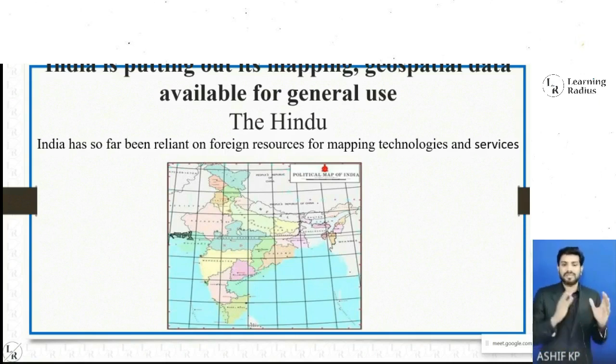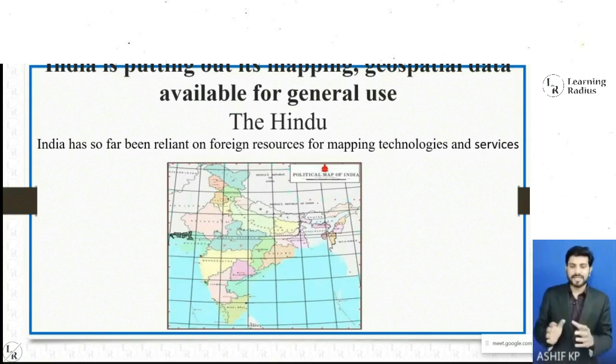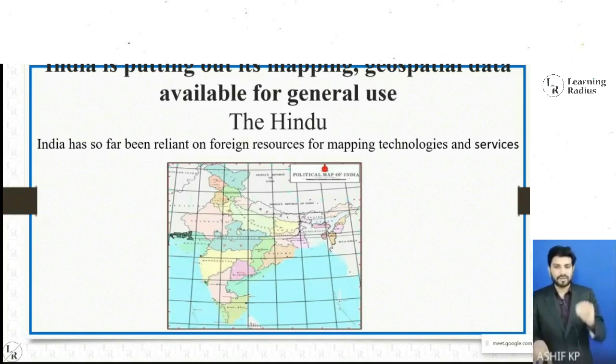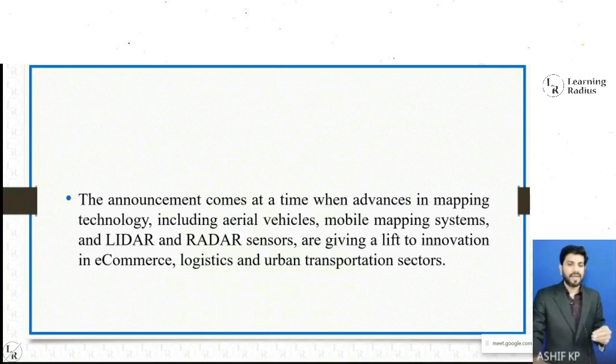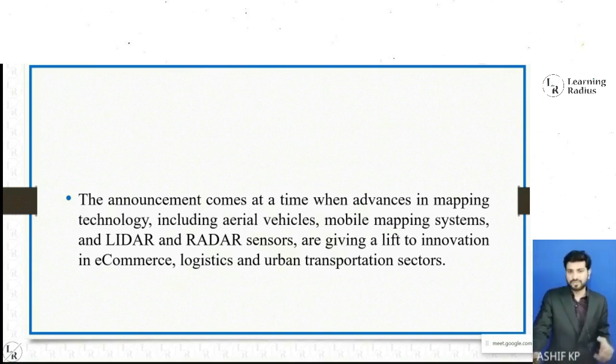India is putting out its mapping geospatial data available for general use, the Hindu. India has so far been reliant on foreign resources for mapping technologies and services. That was the heading. The announcement comes at a time when advances in mapping technology, including aerial vehicles, mobile mapping systems, and LIDAR and radar sensors, are giving a lift to innovation in e-commerce, logistics, and urban transportation sector.